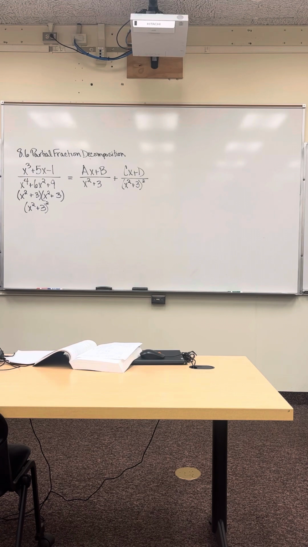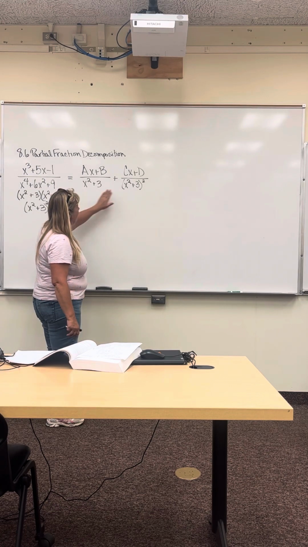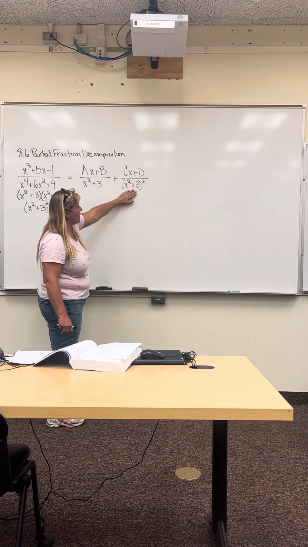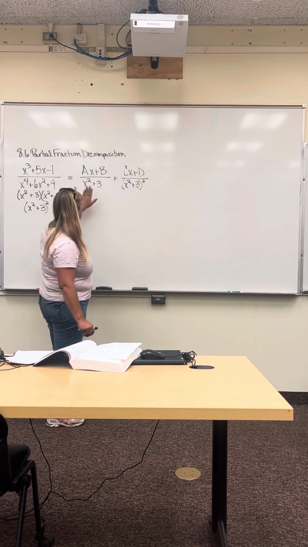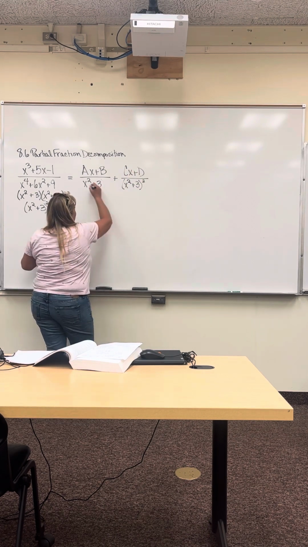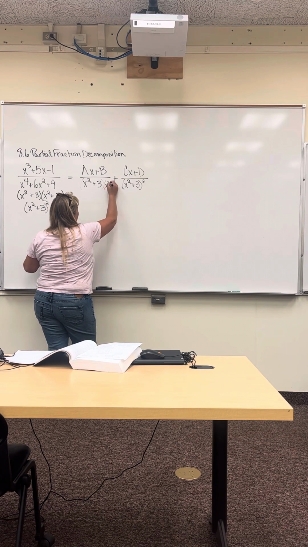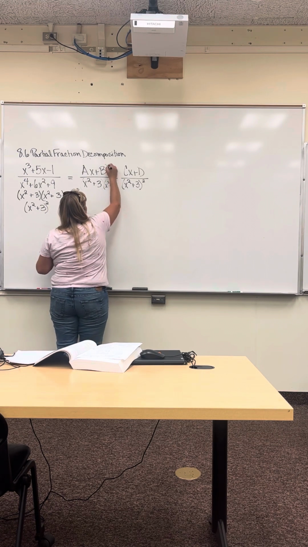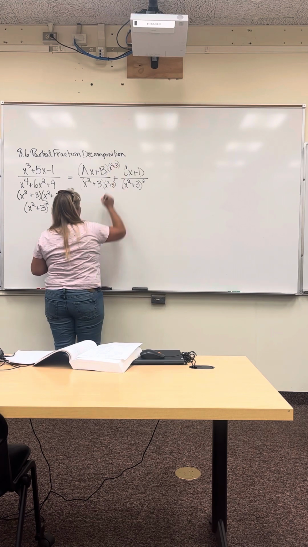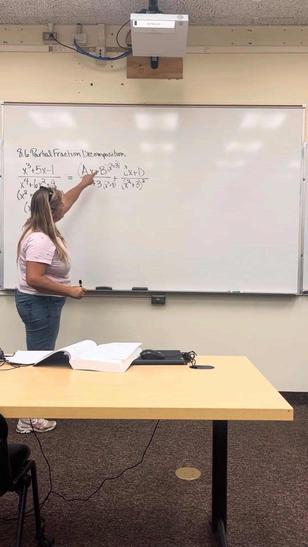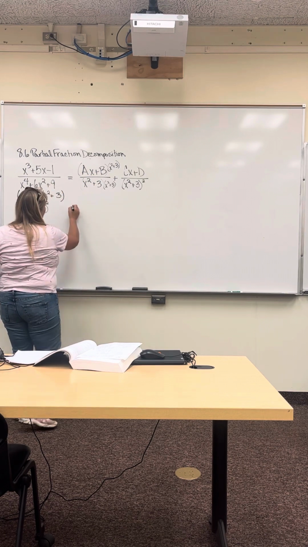All right, so this one is definitely bigger and uglier, but there's one nice thing about it, and that is that the common denominator is x squared plus 3 squared, so that guy is good to go. We don't have to do anything special. This guy just needs another x squared plus 3, so we're going to go x squared plus 3 up top there. So we do have to FOIL that out.